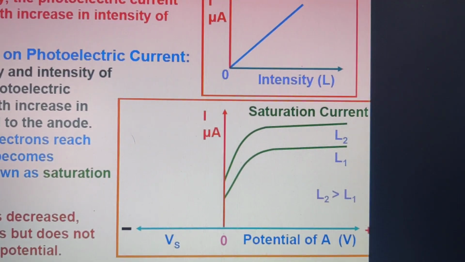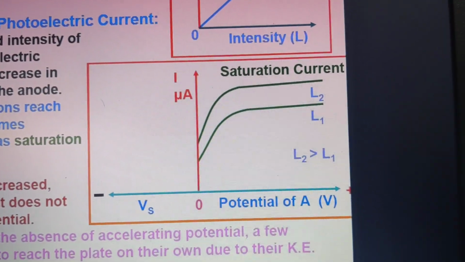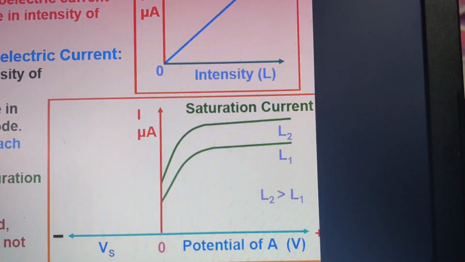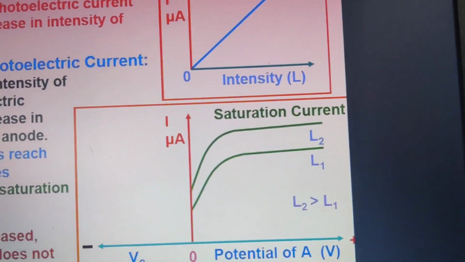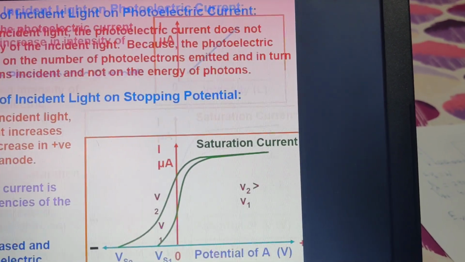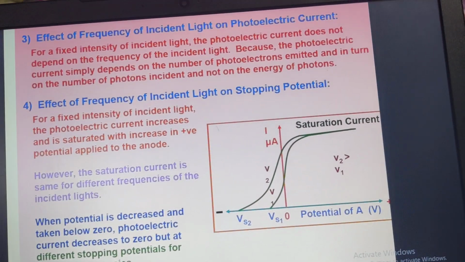The other name for this is the cutoff potential, and the intensity of incident light does not affect the stopping potential, as we know from plus 2 level. So this is another important feature.